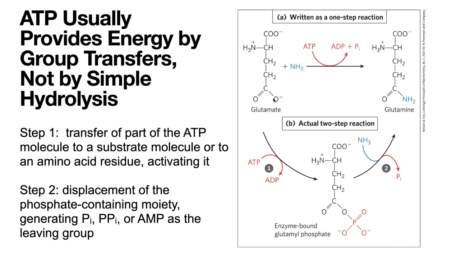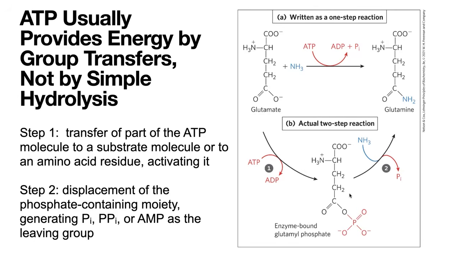You can't just kick off the oxygen because that's a bad leaving group. Instead, what you're going to do is take the phosphoryl group, so the phosphate with 3 oxygens, and add it to this glutamate.